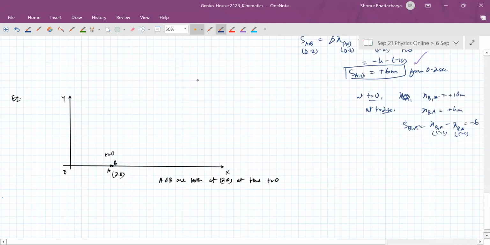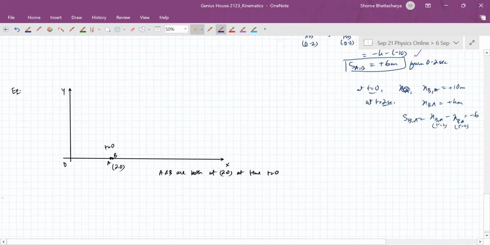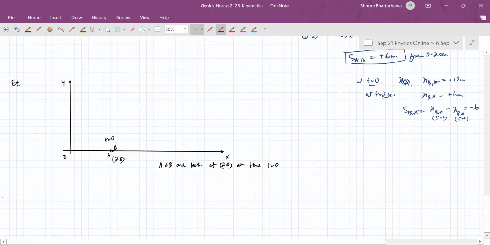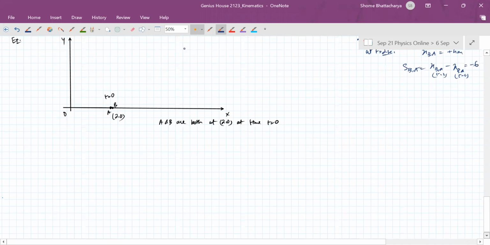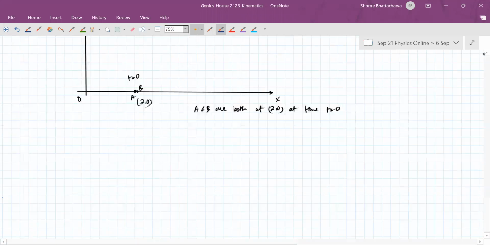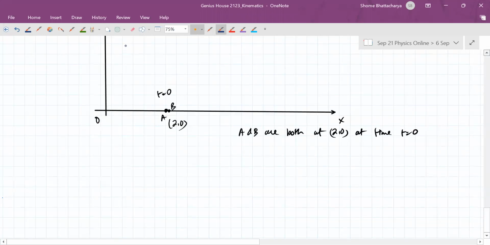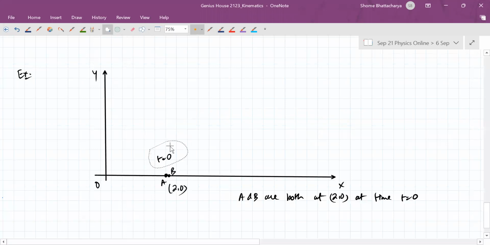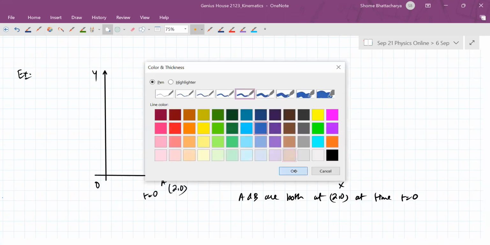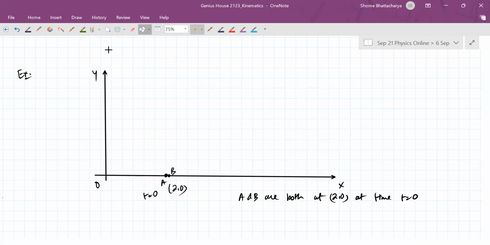Now coming to this next question. This is the position at t equal to 0 for my system. After some time, A sets off along the y-axis, so at some time A reaches somewhere here.